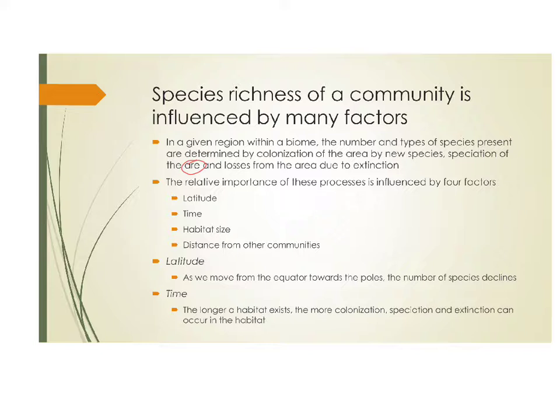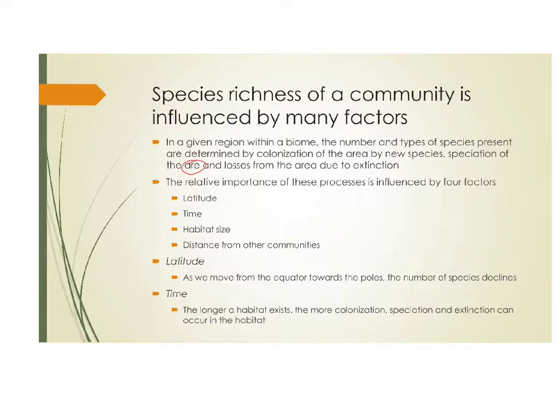So three things there: the colonization of the area by new species, the speciation of the area, and losses from the area due to extinction. The relative importance of these processes is influenced by four additional factors: latitude, time, habitat size, and distance from other communities. And we're going to explore each of these in turn.